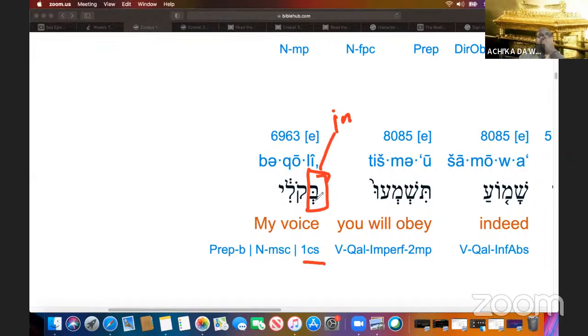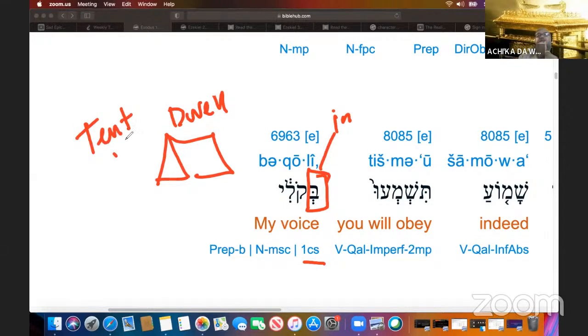In my voice. That means literally, if you've got a bet in front of it, it's talking about a tent. And it means to dwell. So where did Yah dwell when he dwelt with the children of Israel? He dwelt in a tent of meeting. And when he sent one man to this tent of meeting, that man was Moshe.